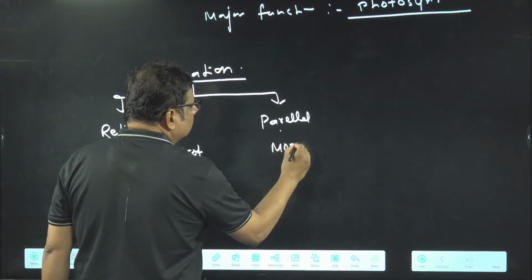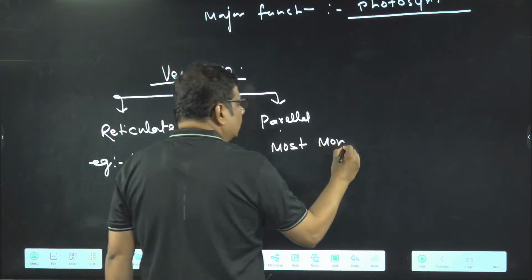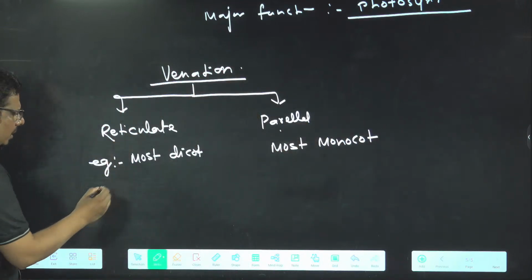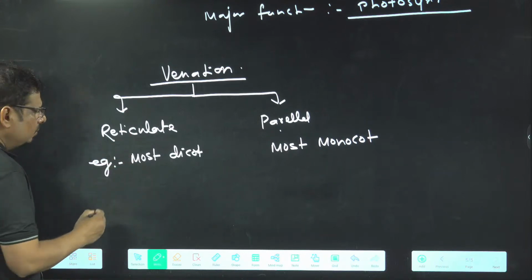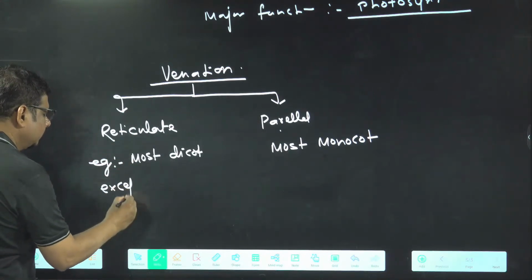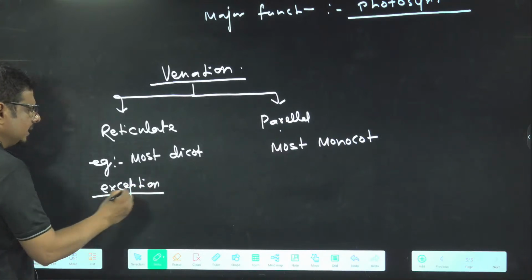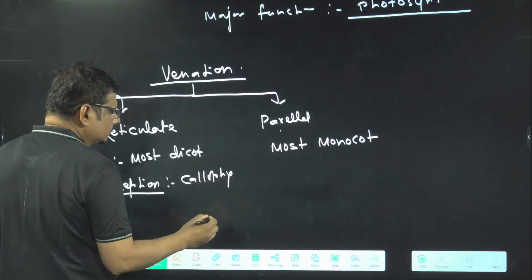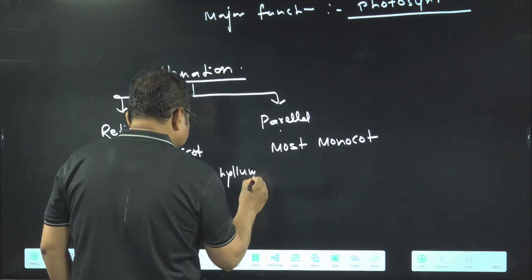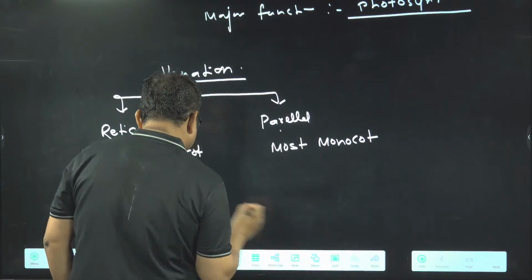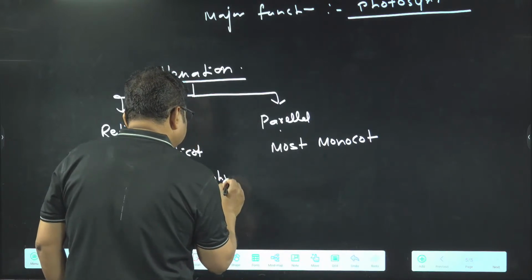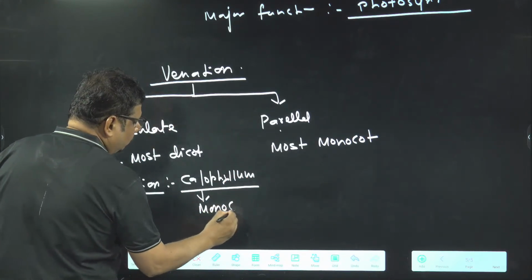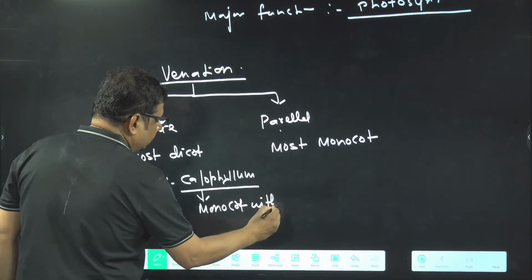Most monocots. Most monocots have parallel venation. But in reticulate venation, there is an exception, and the exception is which one? Calophyllum. It is a monocot with reticulate venation.